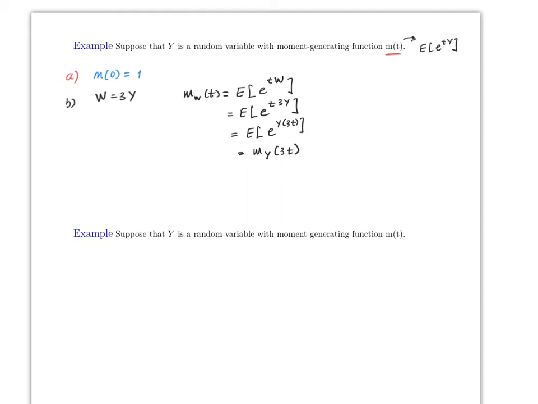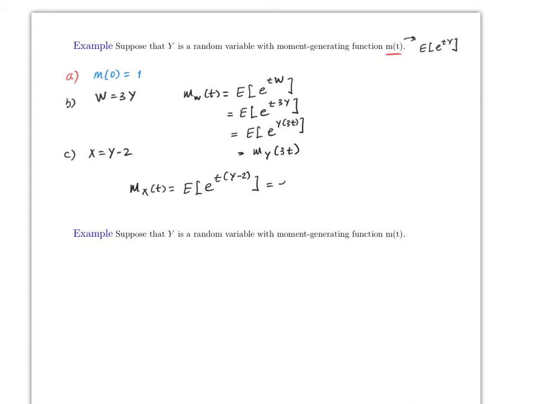Now for part C, let's define a new variable x, which has to be related to y. And again, the question, what is the moment generating function for this one? So in this case, we need m of x, and by definition, this is the expected value of e to the t times x, and this will be y minus 2.